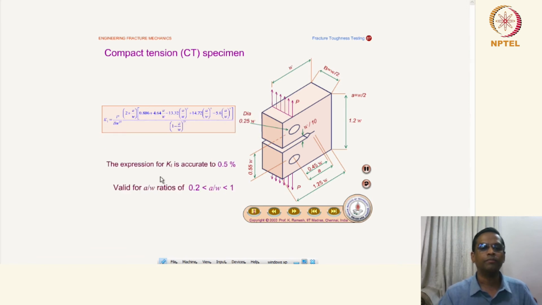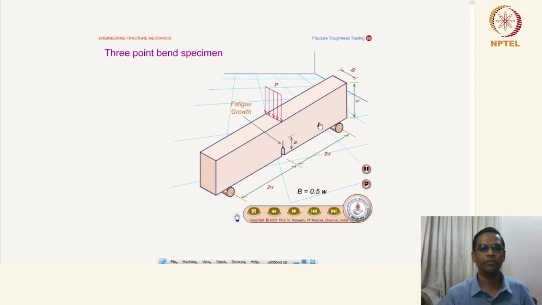This expression for K1 is accurate to 0.5% and valid for a by W ratio between 0.2 and 1. So this is very important to note. And this is the notch we talked about. We will separately discuss how to understand this kind of notch.